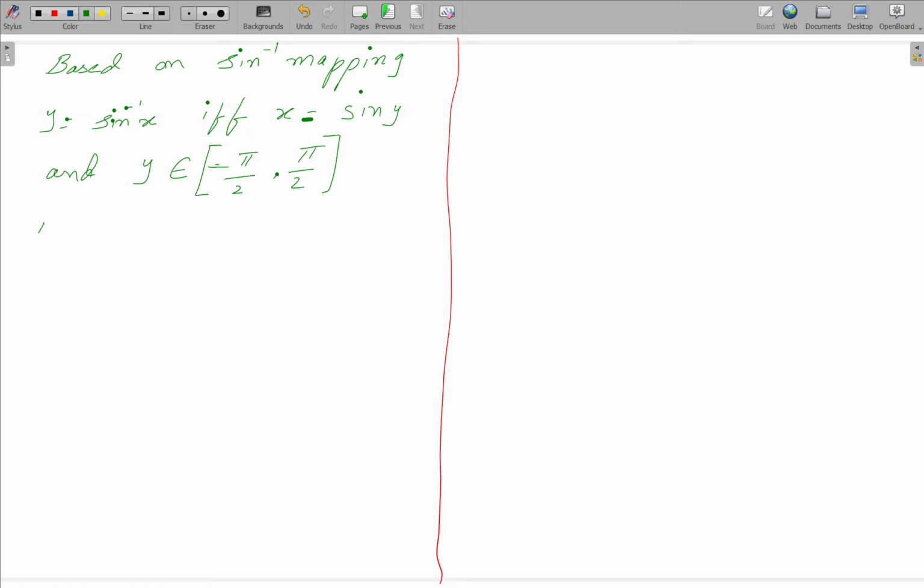We conclude that the domain of f for the sine inverse function is -1 to 1, and the range of f is equal to minus pi by 2 to pi by 2.